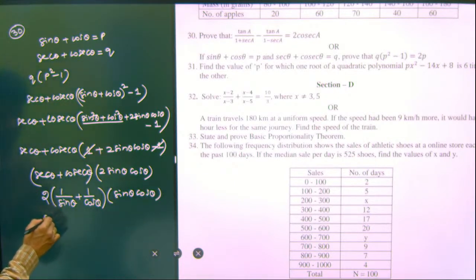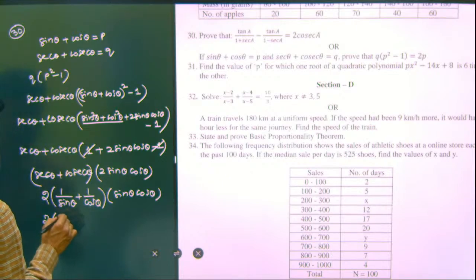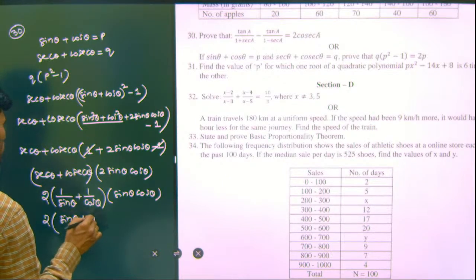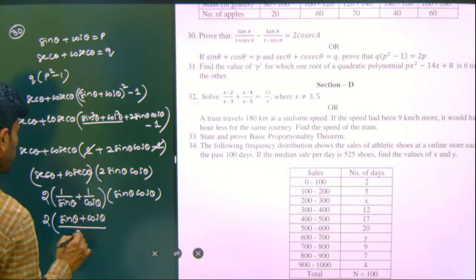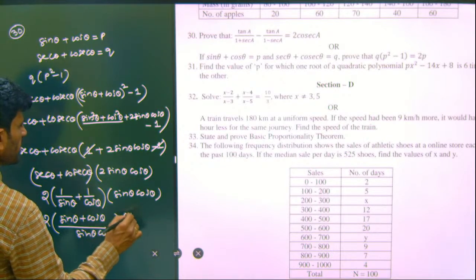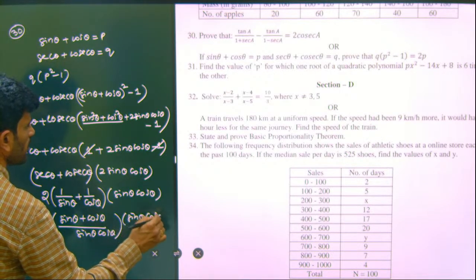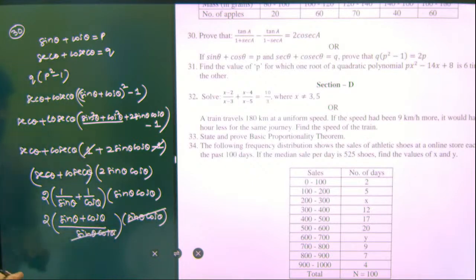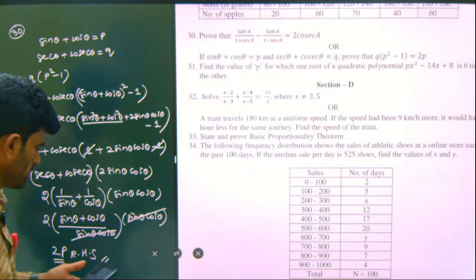After taking LCM, this is sin theta plus cos theta by sin theta cos theta, into again sin theta cos theta. Here sin theta cos theta will be cancelled. We get only 2 into sin theta plus cos theta, which is P. 2P, which is the RHS. Hope you understood this.